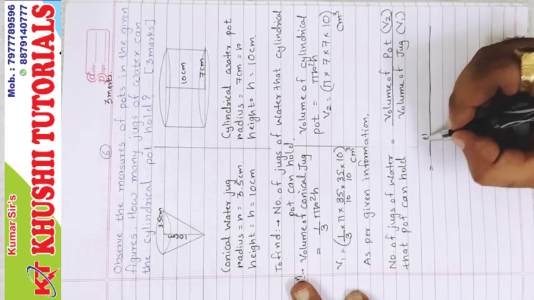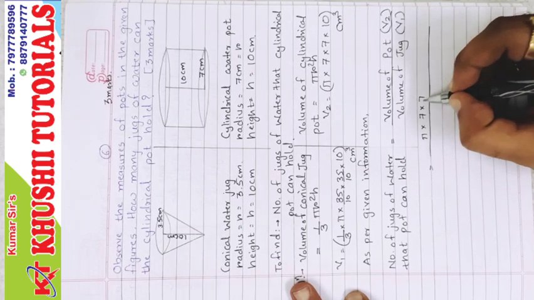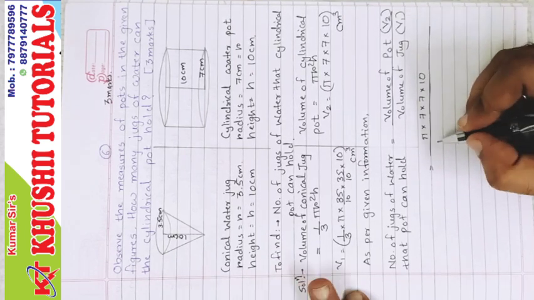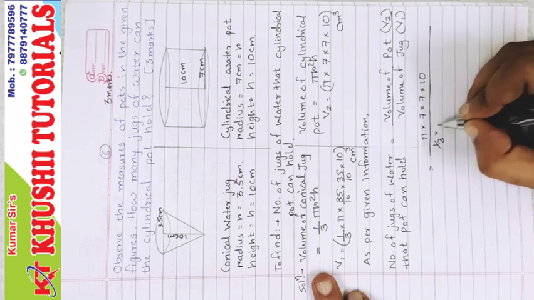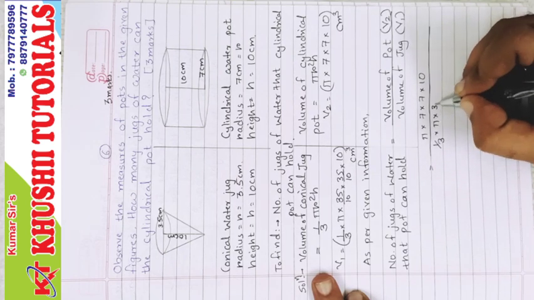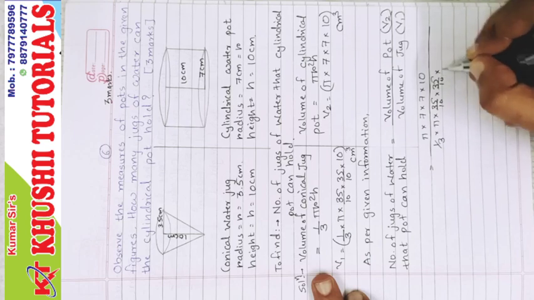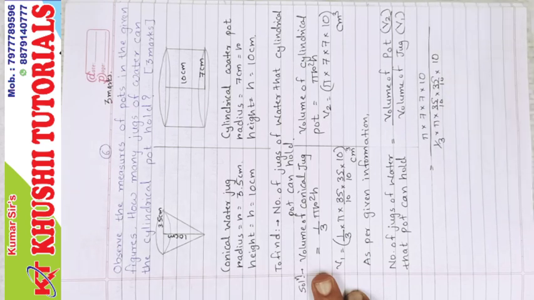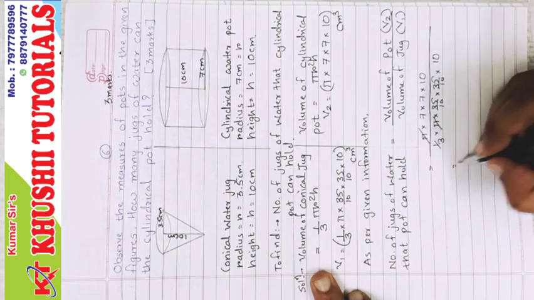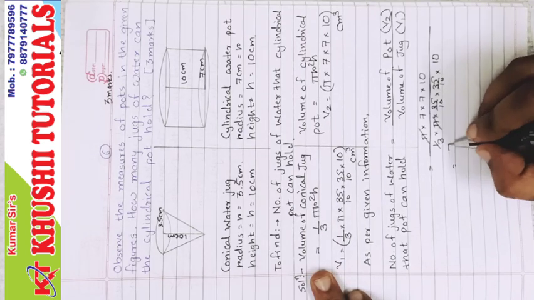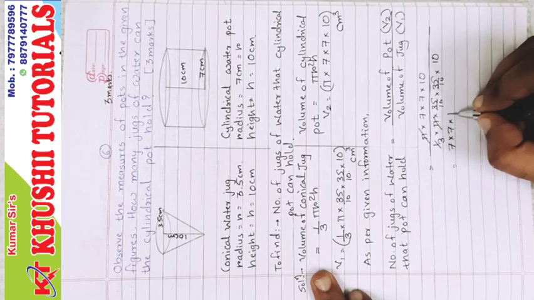So pi into 7 into 7 into 10, and here 1 upon 3 into pi into 35 by 10 into 35 by 10 into 10. Now first of all we will cancel only pi, and then the rest of the terms from the denominator will get reciprocal. So the numerator will remain still the same.